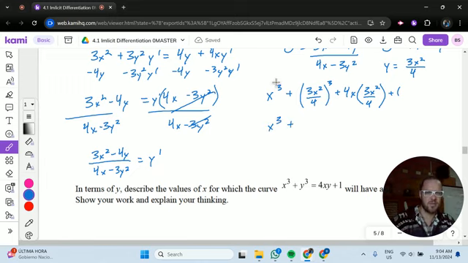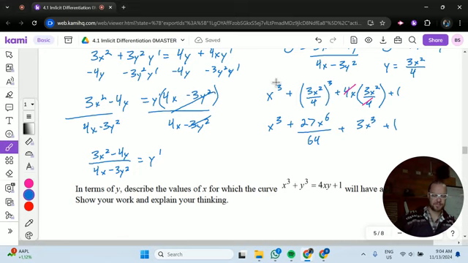So x³ + 3 cubed, 27, x⁶ over 4 cubed, 64, plus, actually I'm not going to multiply those because the 4 can cancel with the other 4. So I'll get 3x³ + 1.